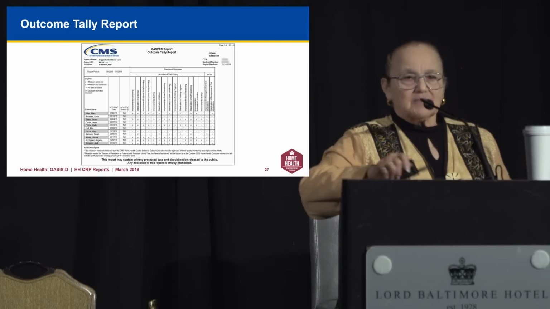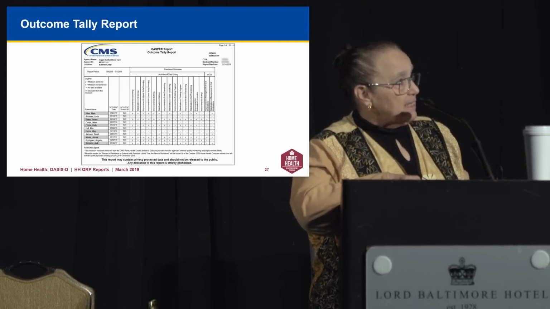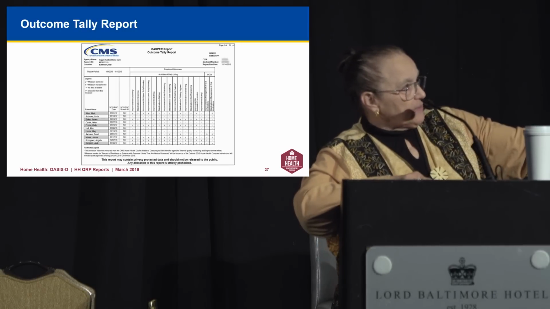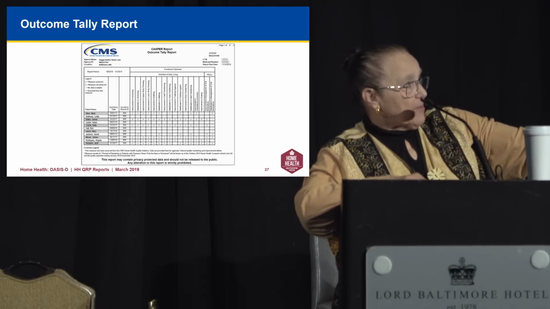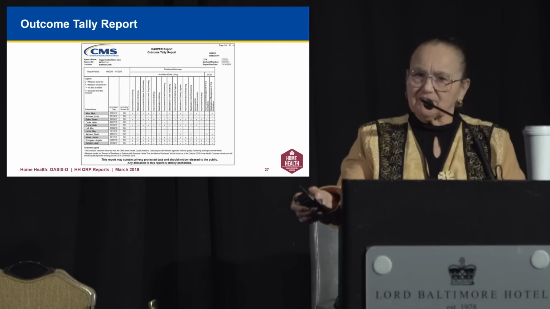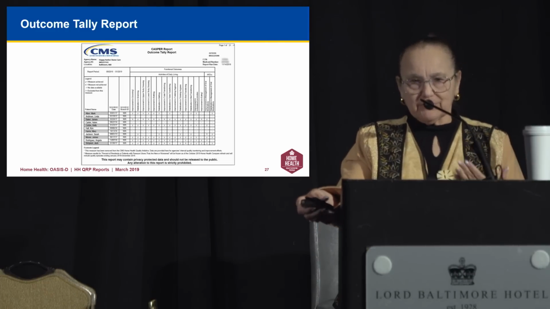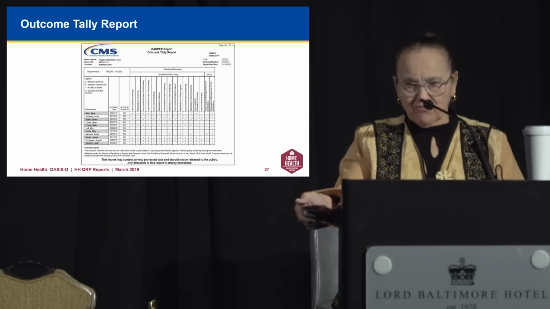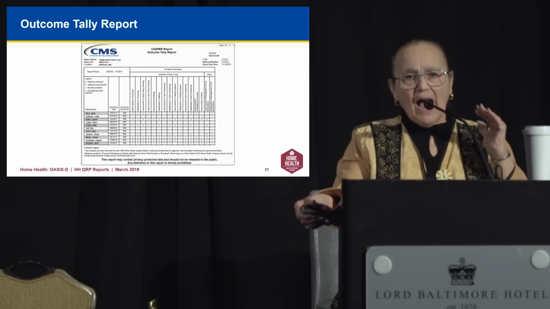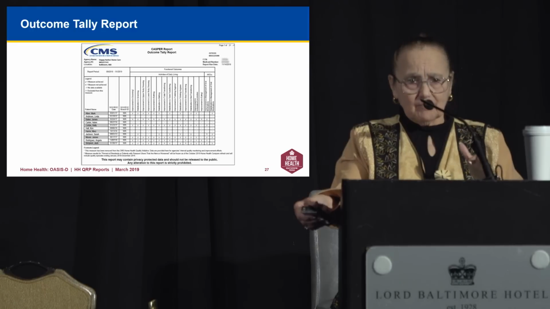This is an outcome tally report. Again, look at the structure. You have patients down the side, you have your SOC-ROC data, and you have going across each of the individual measures, so that using the coding that we talked about before, you will be able to identify how David Brown did.